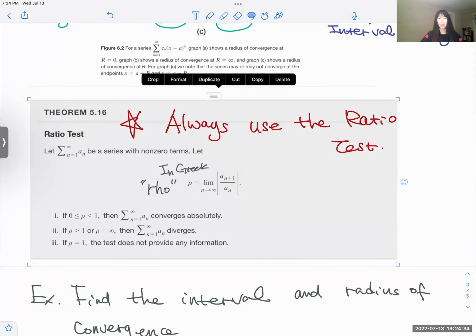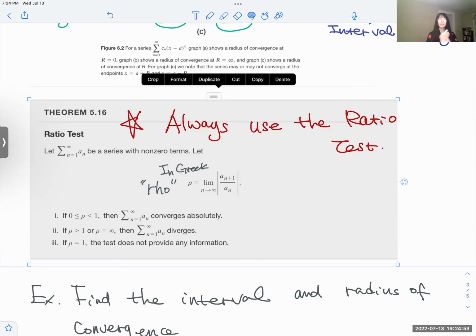Okay. All right, so then we're going to use the ratio test. The ratio test says we set up the limit as n approaches positive infinity of the absolute value of a sub n plus 1 over a sub n.